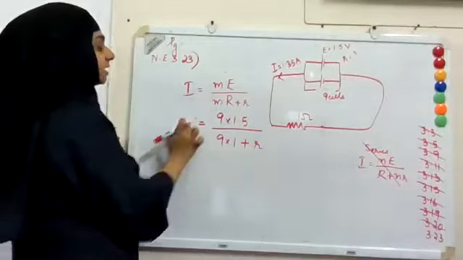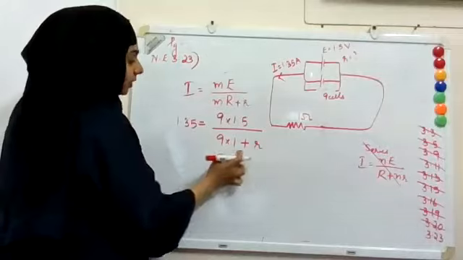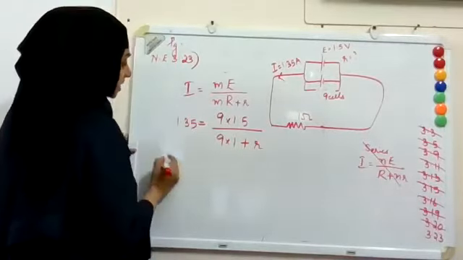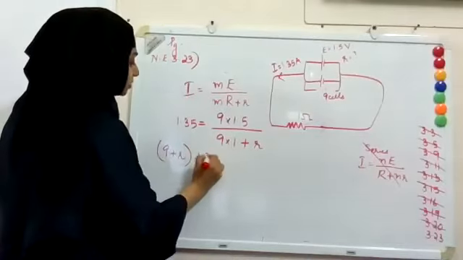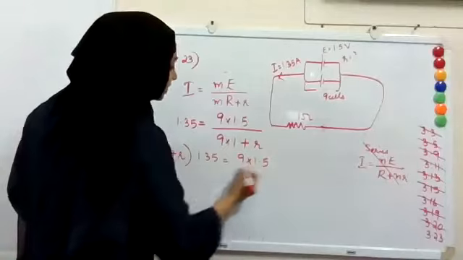And they have given the current as 1.35. So 9 into 1 is 9, and 9 plus r, taking this to the other side: 9 plus small r into 1.35 is equal to 9 into 1.5.